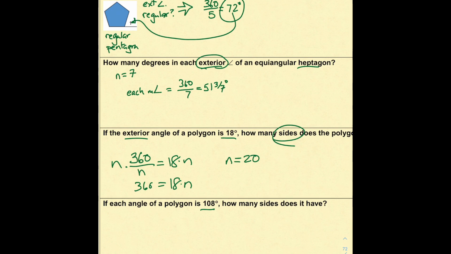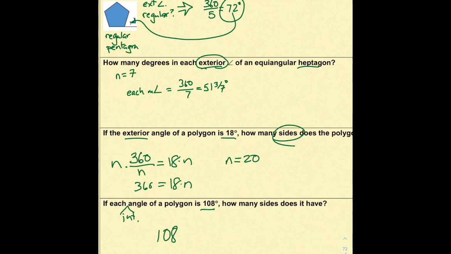If each angle in a polygon is 108, how many sides does it have? So this is the inside, this is the interior. It should say that here, if each interior angle is 108. Why wouldn't it be, well, I think you might suspect it could be an exterior angle too.